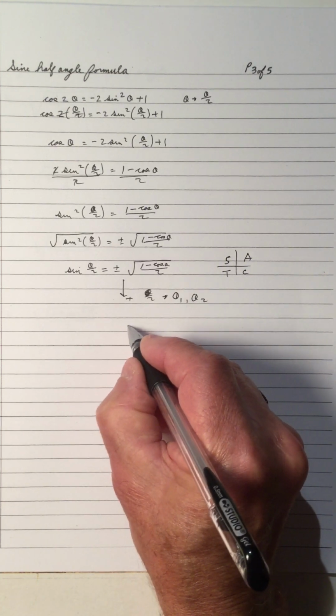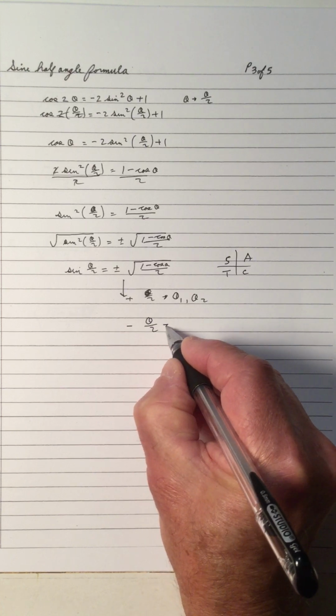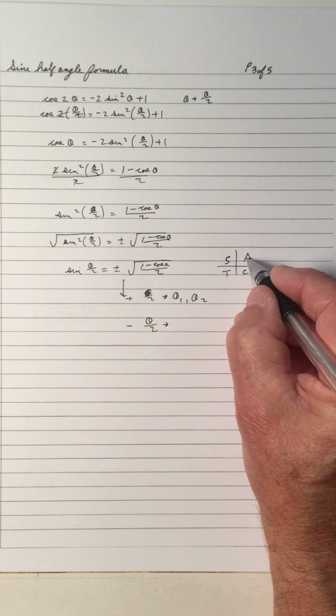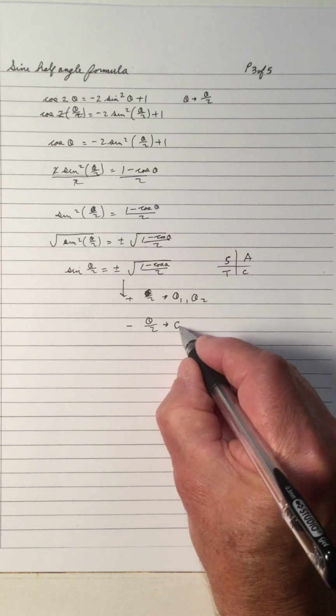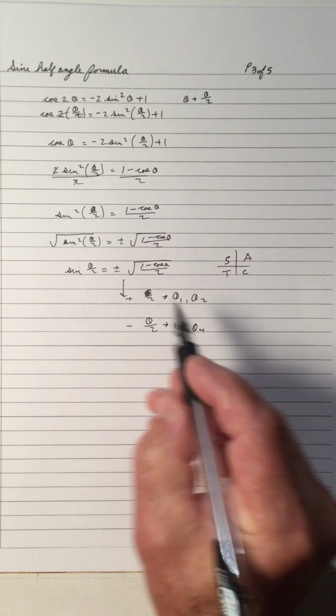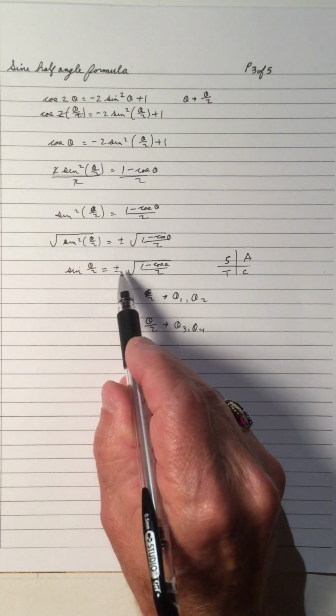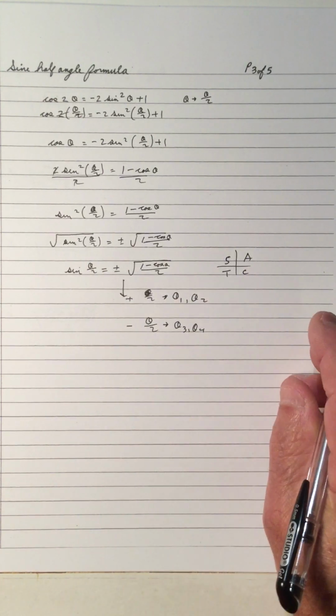If it's positive in 1 and 2, it's negative in quadrants 3 and 4. And again, whatever size this angle is, wherever it lies, that determines the plus and the minus that we put with the square root.